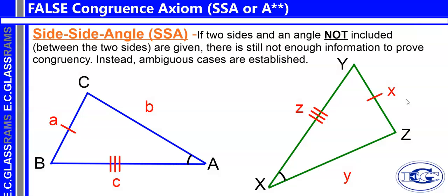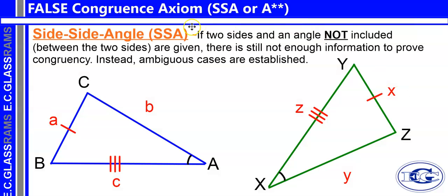Now, this one right here is one of the false congruence axioms. So if you, again, were trying to compare two triangles and you were given side, side, angle, which is the acronym SSA, this does not prove congruency. However, when it does come to solving the triangle, it is possible.